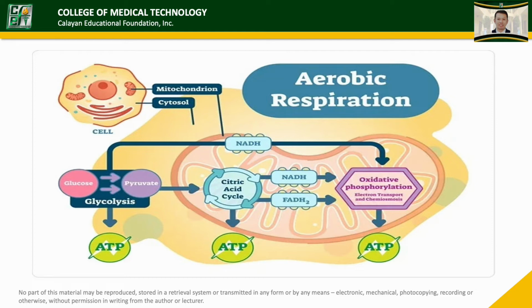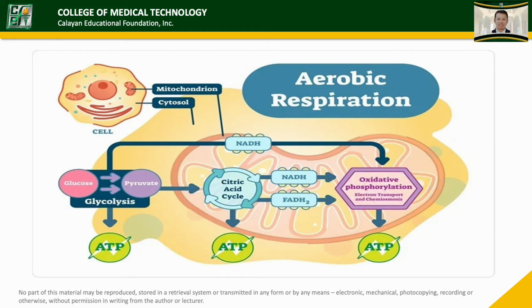And then the citric acid cycle or Krebs cycle and oxidative phosphorylation happen inside the mitochondria. Glycolysis happens in the cytosol of the cell. As you can see here also, there are common products in each stage of the aerobic respiration.